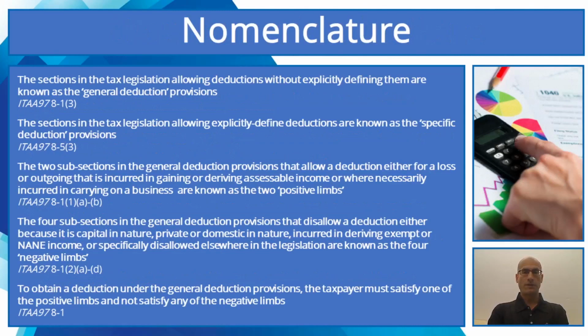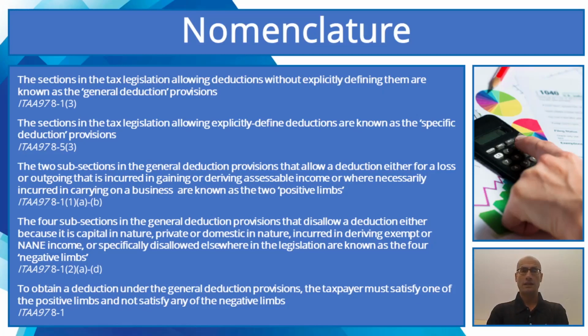Before delving too far into this, it's probably worth just spending a little bit of time talking about the naming system, which is the nomenclature that we use in regards to tax deductions. Now, the two places where deductions are stored, which is 8-1, that's known as the general deductions provision, and the other is 8-5, which is the specific deduction section.